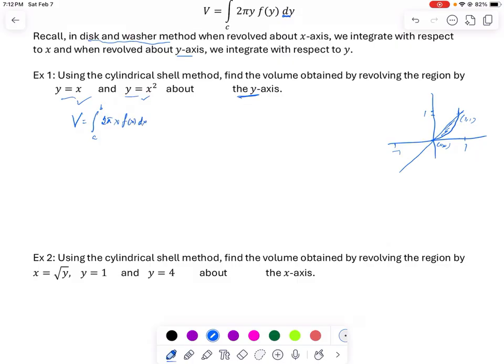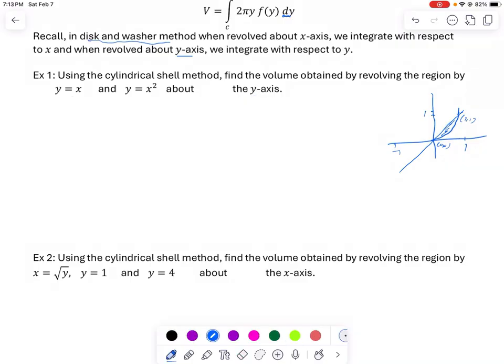Okay, so what is f of x? This is the height. So what is the height here? There are different ways you can do this problem, but basically, let us look here first. Let's complete this.